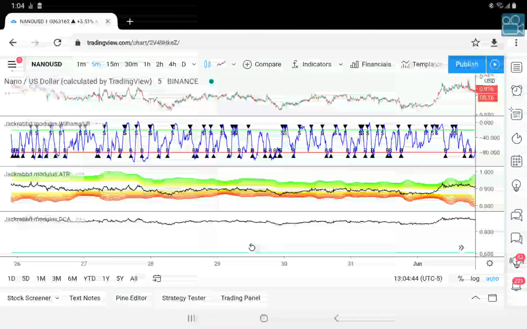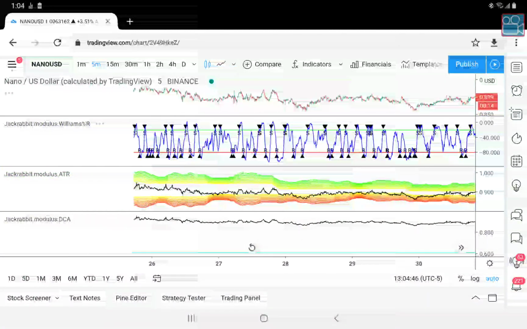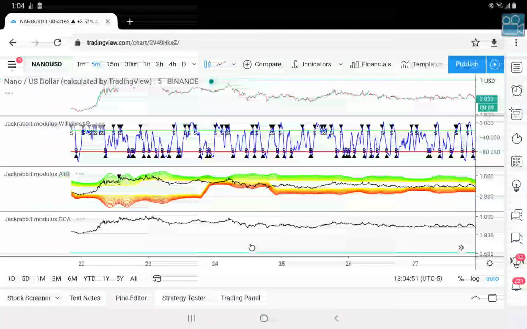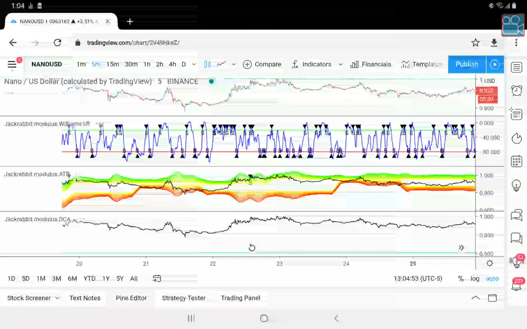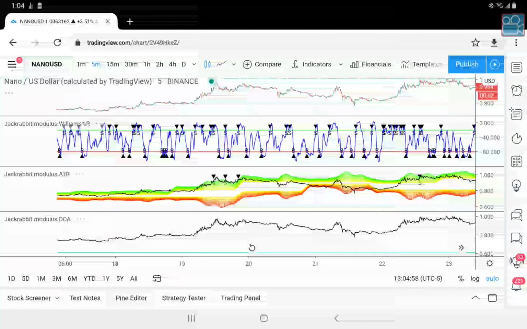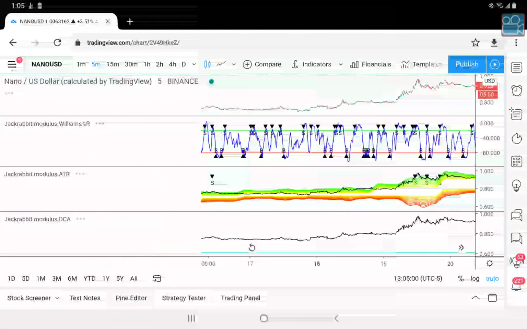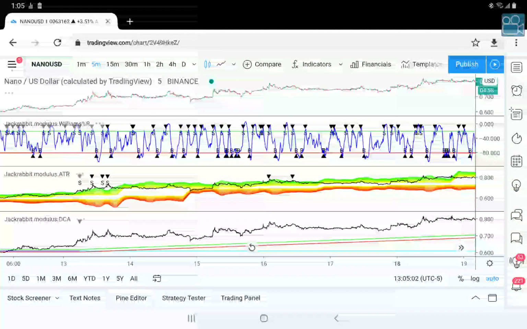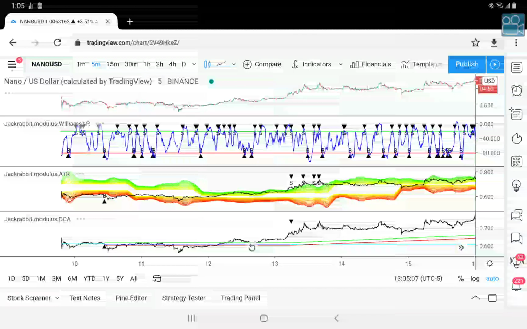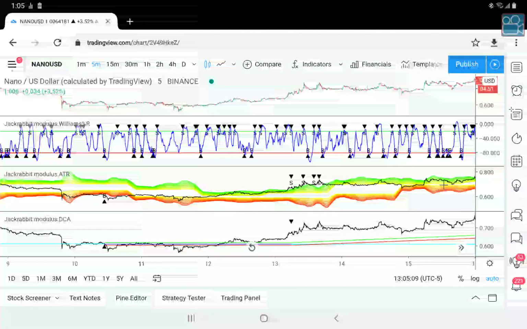Okay, we're going through a pretty long strain here of no activity whatsoever. And notice that ATR is pretty much on par with no purchases, the same as dollar cost averaging. We see a few scattered sell markers, and even here, a sell marker, a buy marker, right on par with dollar cost averaging.